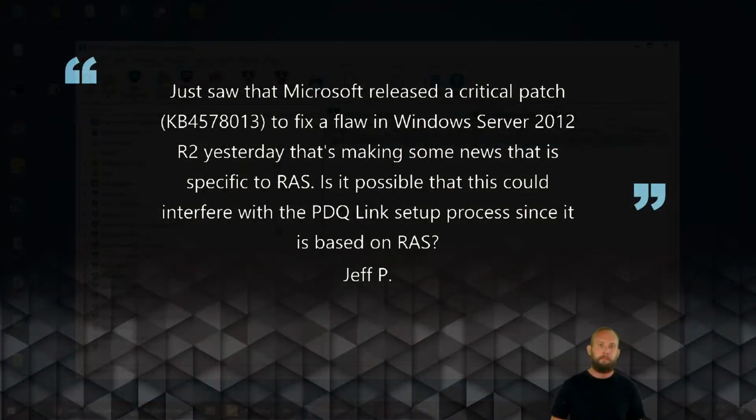Hey Josh, just saw that Microsoft released a critical patch, KB blah, to fix a flaw in Windows Server 2012 R2 yesterday that's making some news that is specific to RAS. Is it possible that this could interfere with the PDQ Link setup process since it is based on RAS? Jeff P. Hey Jeff, so I actually dug into that patch, and it looks like they're fixing a couple CVEs in there for either remote code execution or privilege escalation.